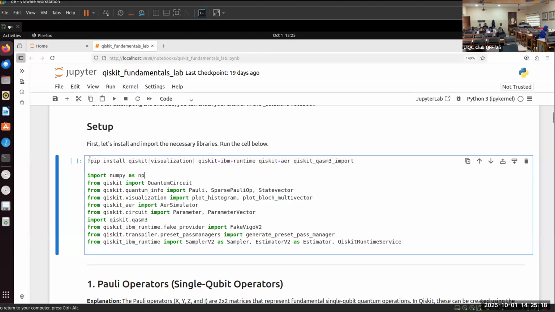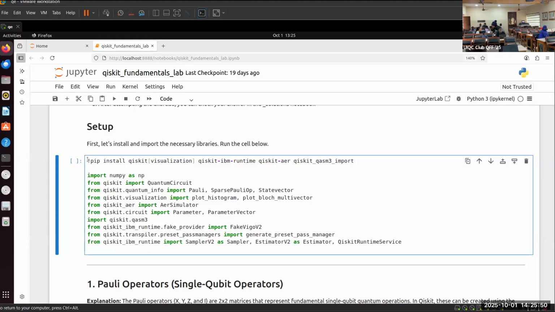Okay, so the first line on this entire cell is calling on libraries to use for quantum computation. If you don't have Qiskit installed, then this single line is going to install all the Qiskit packages that we need for running the calculations.